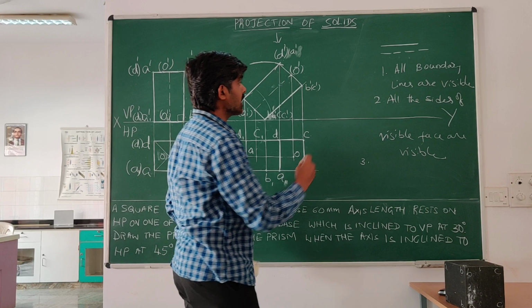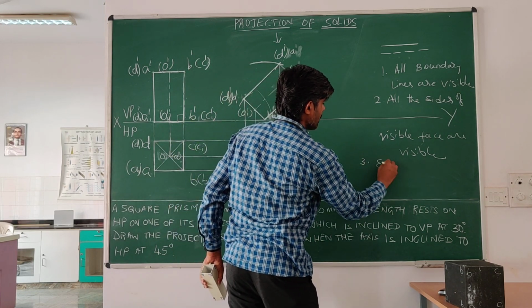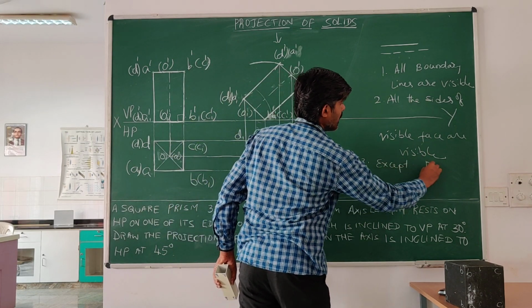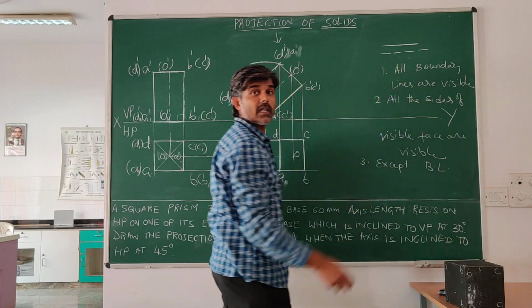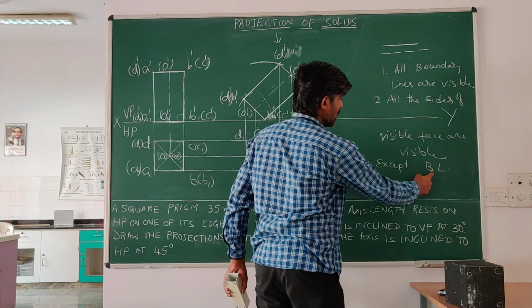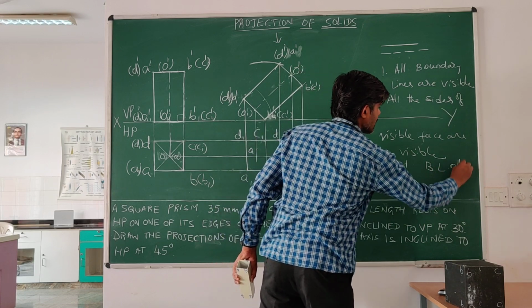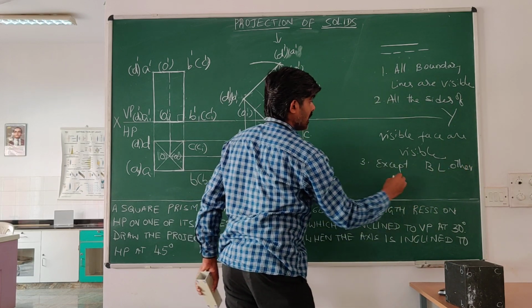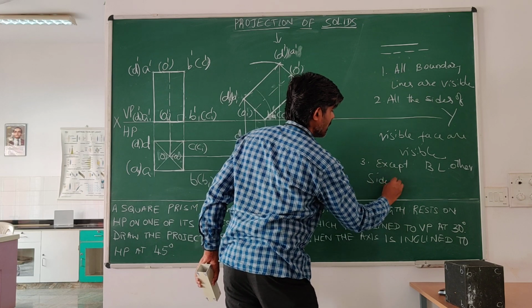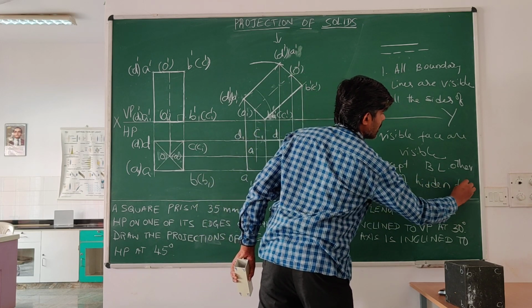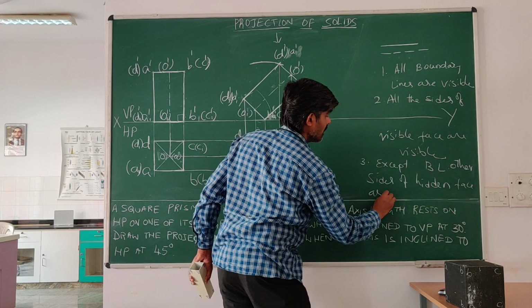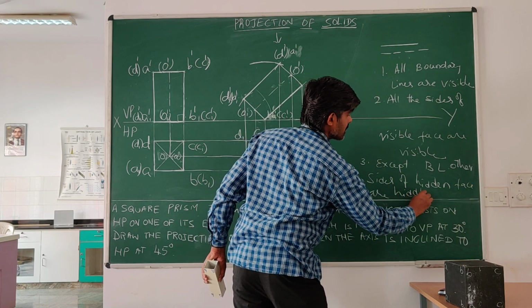For that, the condition is: except boundary lines, because for boundary lines the condition is already satisfied, the other sides of the hidden face are hidden lines.